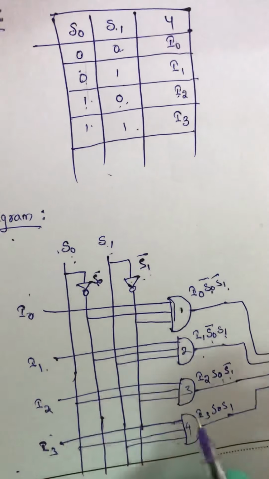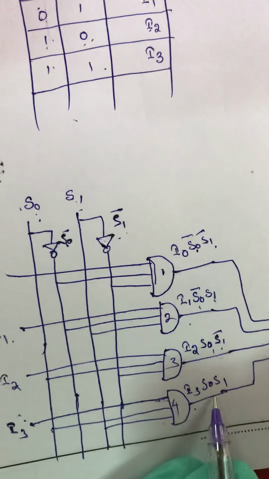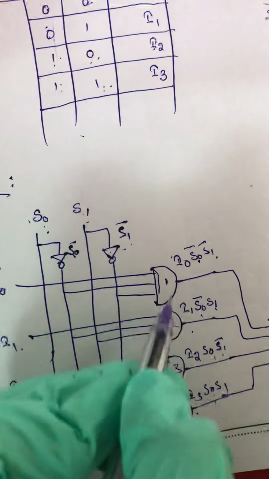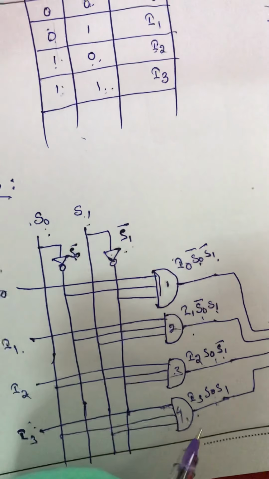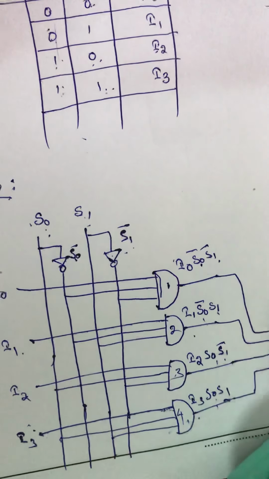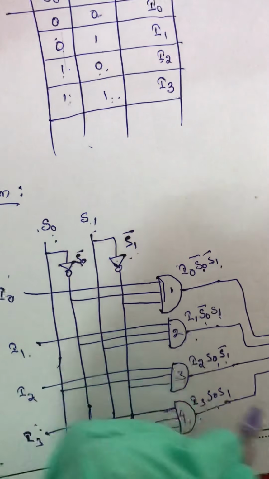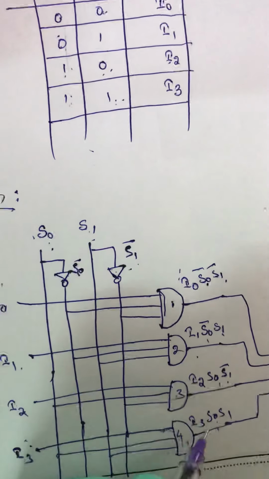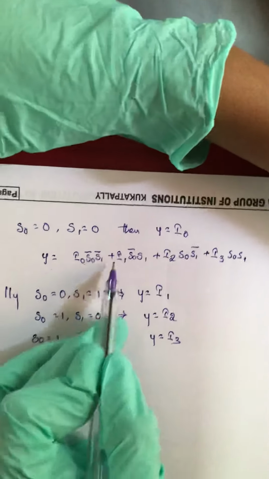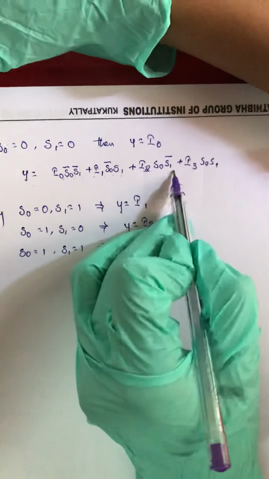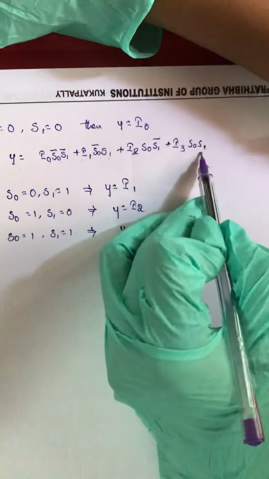The fourth AND gate has input I3, with 1, 1 meaning S0, S1. These 4 AND gates are connected to the inputs of an OR gate. Finally the output is the addition of these 4 terms: Y equals I0 S0 bar S1 bar plus I1 S0 bar S1 plus I2 S0 S1 bar plus I3 S0 S1.